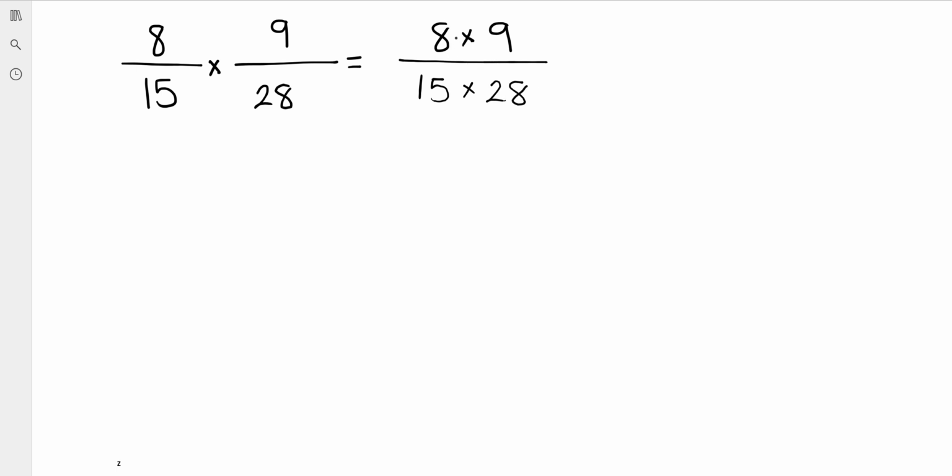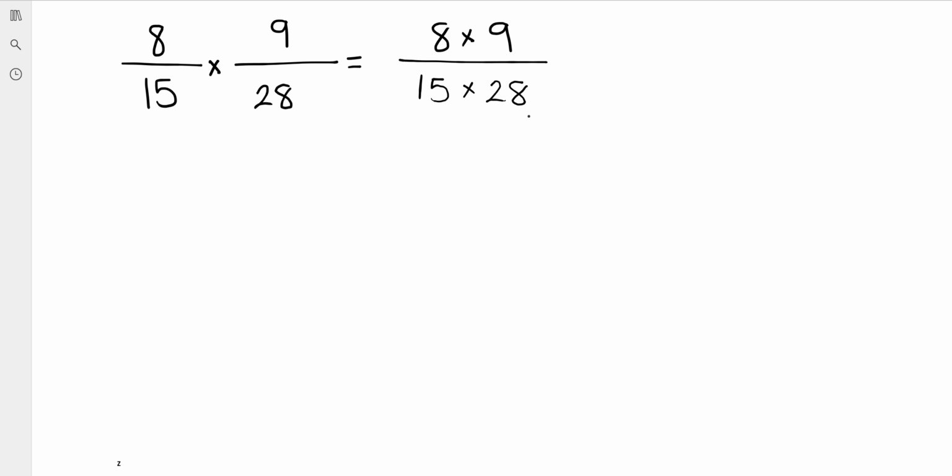Because I'm multiplying all these numbers, agree? I'm multiplying 8 times 9, and all of this is affected by 15 divided by 28. Then I can cancel numbers on top with numbers on the bottom.